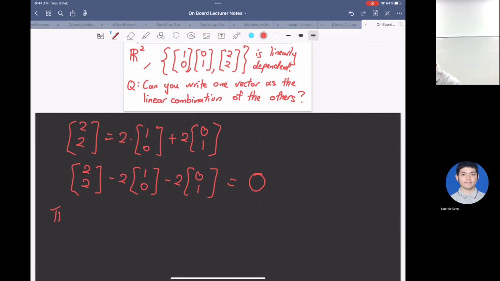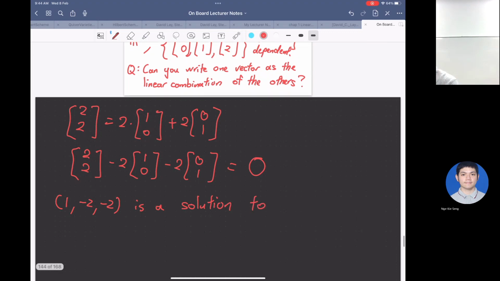So as you say, (1, -2, -2) is a solution to C1 times (2, 2) plus C2 times (1, 0) plus C3 times (0, 1) equals 0.